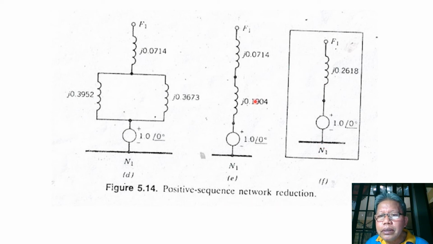Now, in the succeeding examples of problems, when we simplify the positive sequence network, we are expecting to have a generated voltage here to represent the positive sequence voltage generated by the generator, and the total equivalent reactance between the point of interest, or the point of fault, and the neutral or reference bus, which we just call as in1.